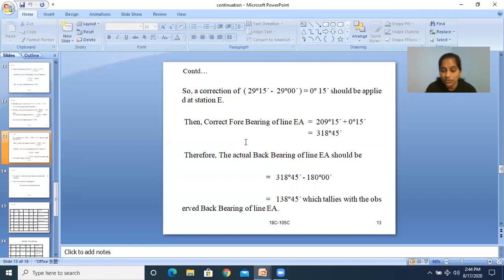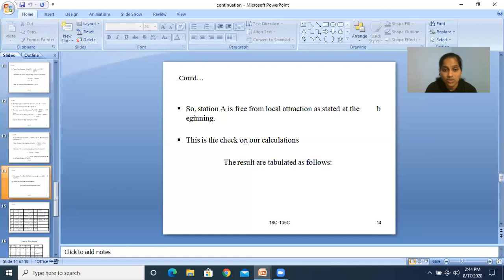Therefore the actual bearing of EA line is, which tallies with the observed one, so station A is free from local attraction as stated at the beginning.